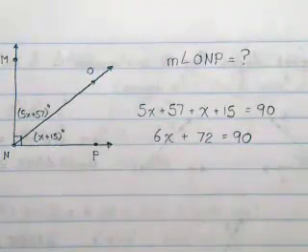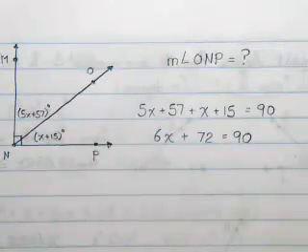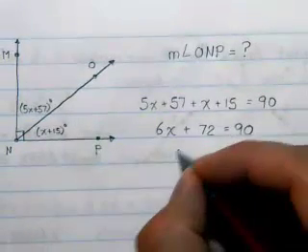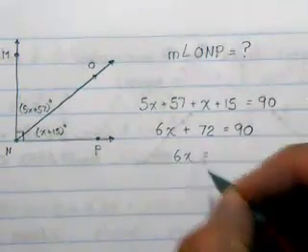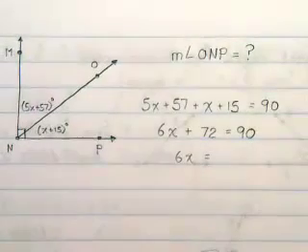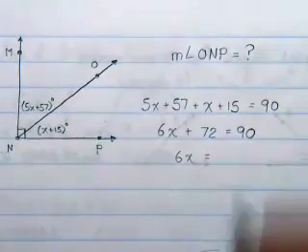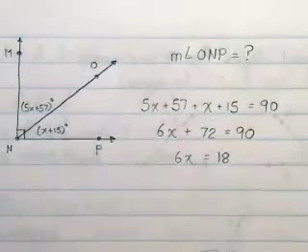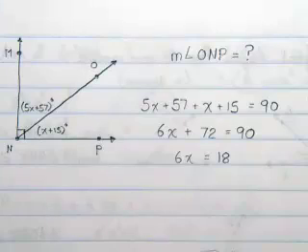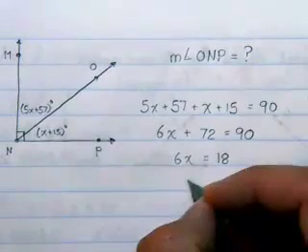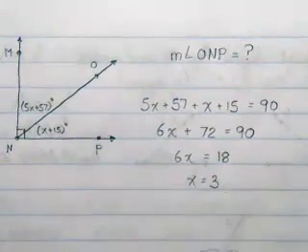Taylor, subtract 72 from both sides. Alrighty. Thank you, Taylor. 6x equals 90 minus 72, 18, right? Okay, and so what is x then? 3. Yeah, good. x is equal to 3.